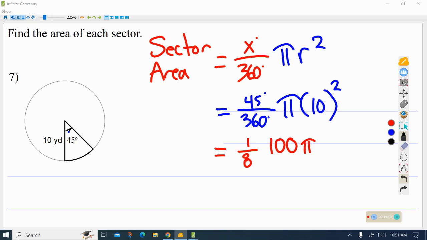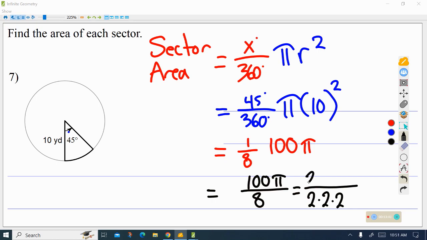All right, and then like I told you, this is just dividing by 8. So we got 100 pi divided by 8. Well, I tried to mention to you that this is the same thing as dividing by 2 three times, right? And so we know that 100 is 4 times 25.